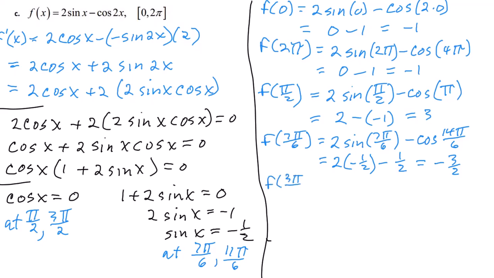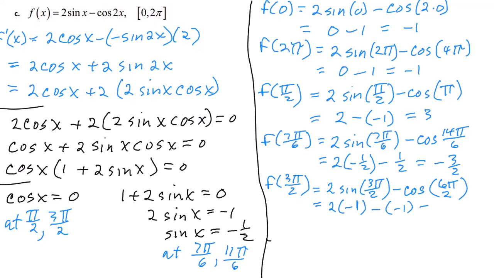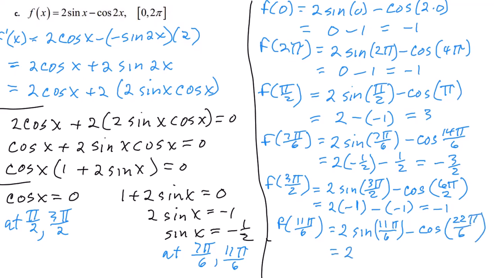At 3 pi over 2, getting -1. At 11 pi over 6, I'm getting -1.5. So I'm scanning back through those. I'm getting 2 values of -1. But in terms of a minimum, the minimum is -3/2.